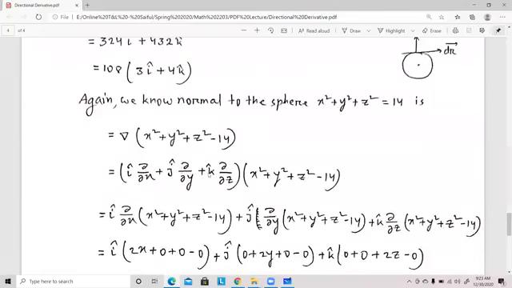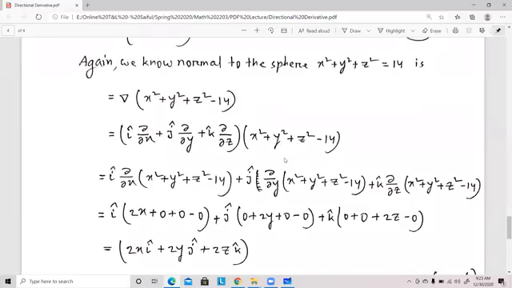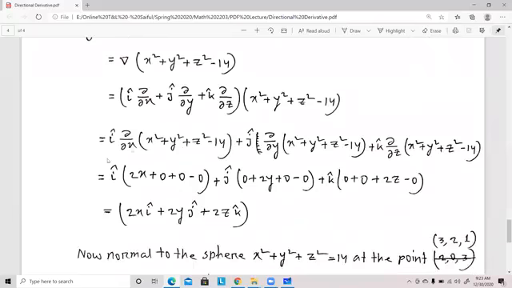And phi is this, and since it is the scalar point function, it will go to every term. Now the first term, we have to differentiate partially with respect to x, and we get twice x, 0, 0, 0.